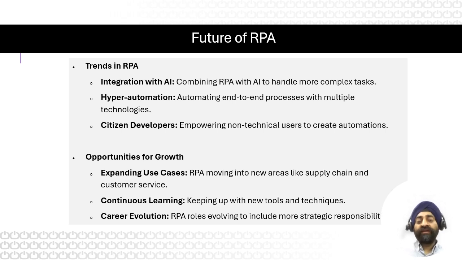Now let's look at the future of RPA. So when we talk about the trends in RPA, the first one being integration with AI. So RPA involves closer integration with AI technologies and handles rule-based tasks. AI can manage tasks requiring cognitive abilities such as understanding natural language.